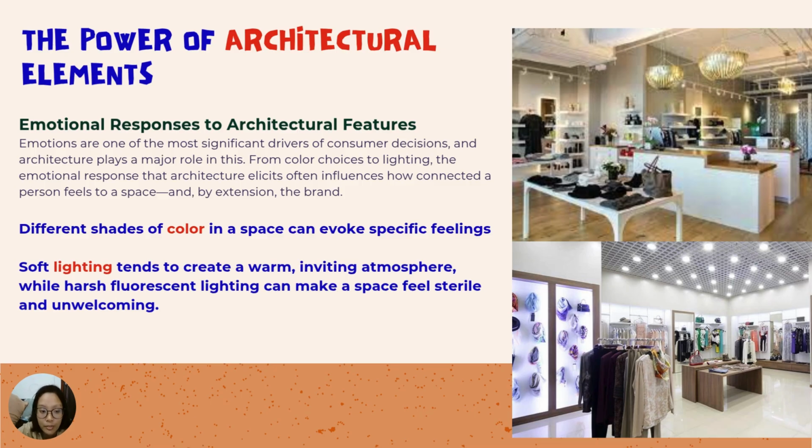In restaurant environments, for example, dim lighting combined with warm color can create a romantic, intimate atmosphere, encouraging people to stay longer and enjoy the experience, like talking with friends and enjoying the meal. In contrast, bright, harsh lighting in a fast food chain can create a sense of quick turnover, influencing consumers to make faster decisions and leave space for other people.